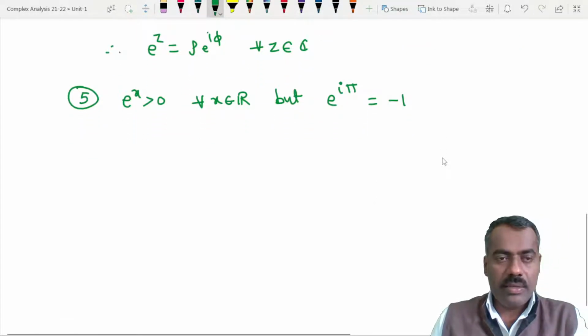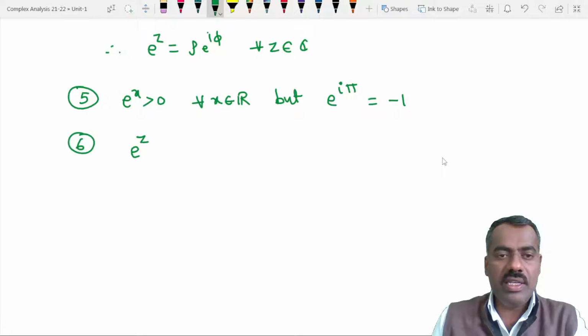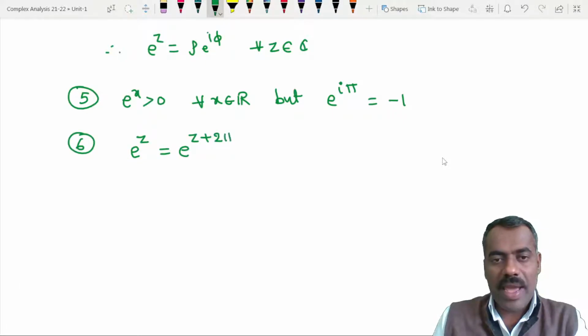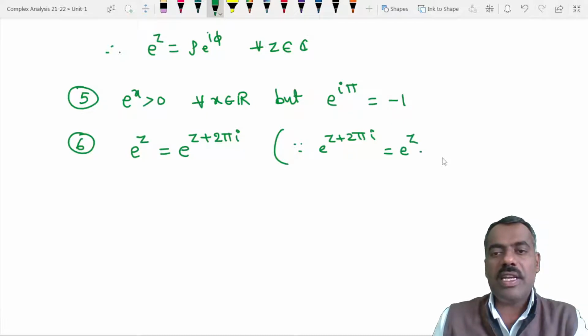Not only that, you can also observe that e power z is the same as e power z plus 2 pi i, since e power z plus 2 pi i is the same as e power z into e power 2 pi i.